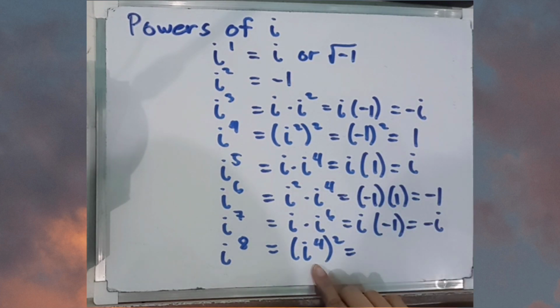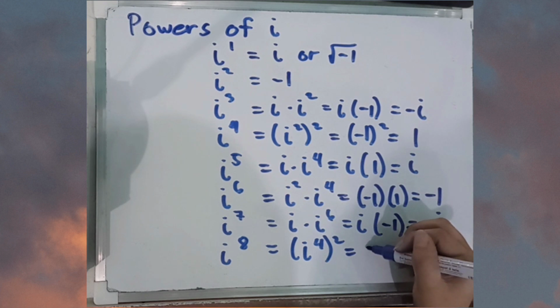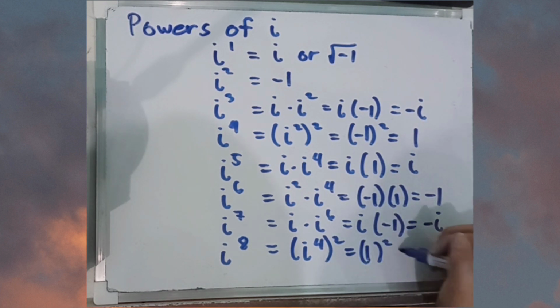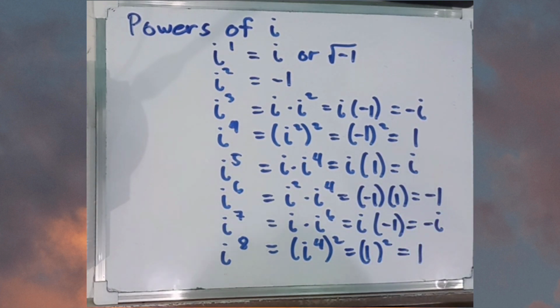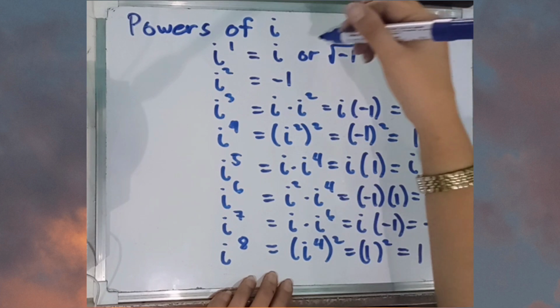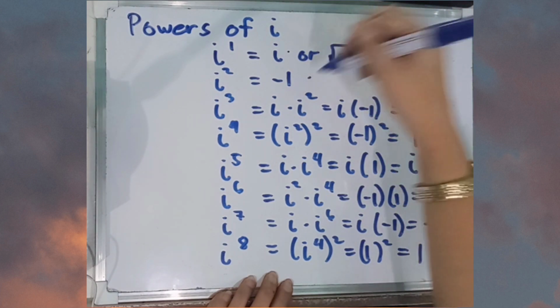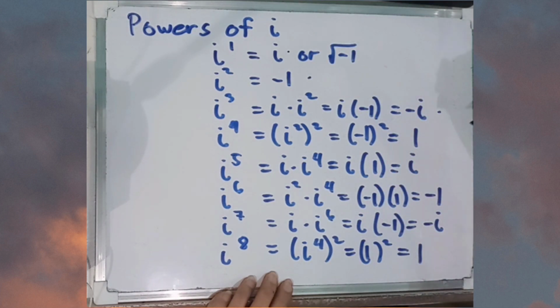So we know i to the 4th is 1, and if we square 1, of course, that will give us 1. So if you try to observe, we have i, -1, -i, 1.